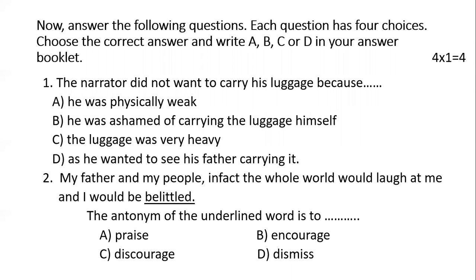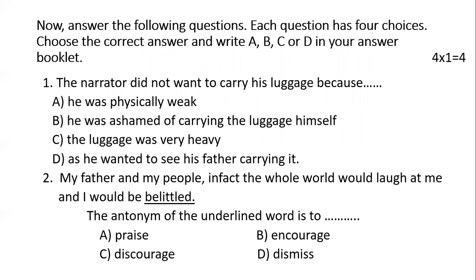The narrator did not want to carry his luggage because he was physically weak. He was ashamed of carrying the luggage himself. The luggage was very heavy, as he wanted to see his father carrying it.